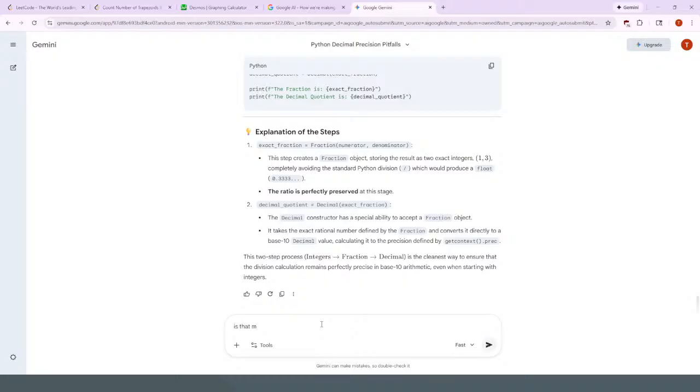That's more memory efficient than keeping the fractions for later usage.